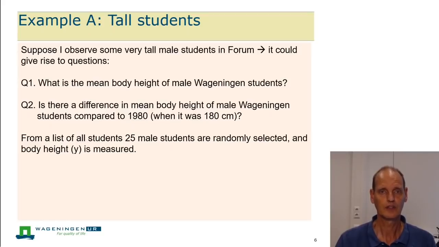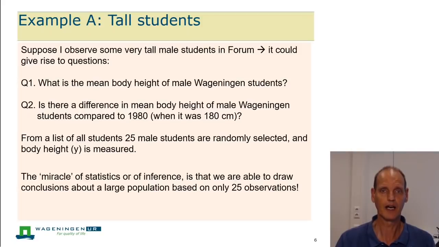Well, how do I move on? First of all, I take a random sample of all male students, and in this case I will take 25, and I measure their body height.